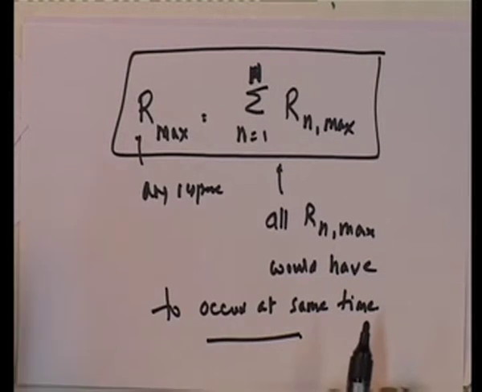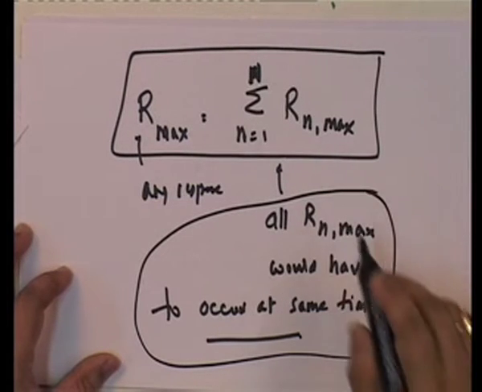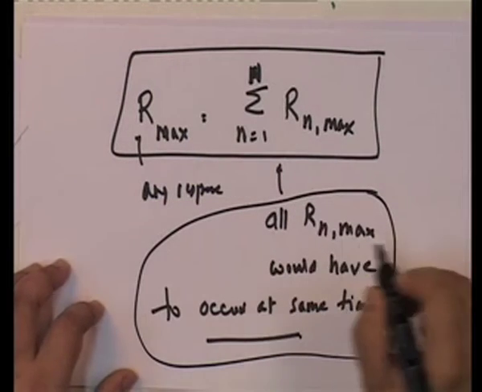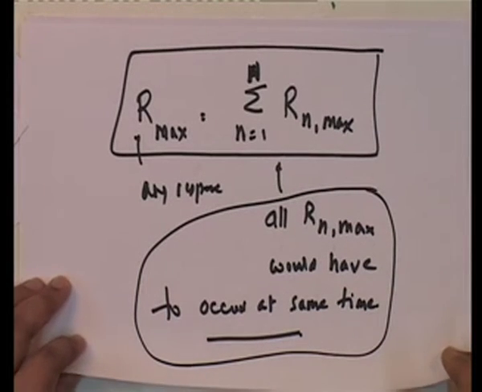So, this mode superposition, although it is valid when you are doing time history, because at any instant of time you can add up, if all of them would have occurred at the same time, then this would be valid. Otherwise, this is not valid.